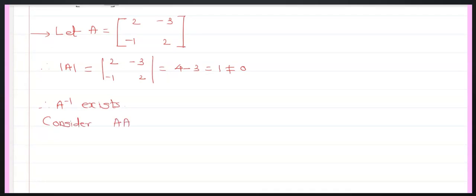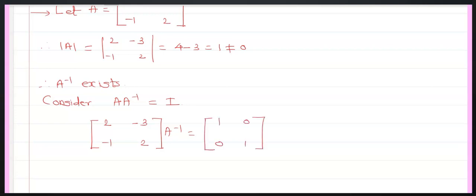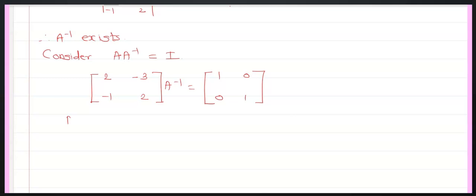Consider A into A inverse is equal to I. That is 2, minus 3, minus 1, 2, A inverse, 1, 0, 0, 1. Now make R1 plus R2, then this 2 will become 0.